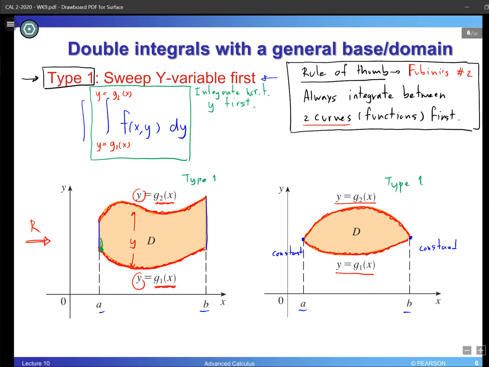Same thing here. Even though this one is small, it's going to sweep from the lower curve to the upper curve. This is the sweeping characteristic or pattern. So that's what happens right here. Sweep y variable first. And since this kind of sweeping is going vertically, you can call this sweep vertically first.